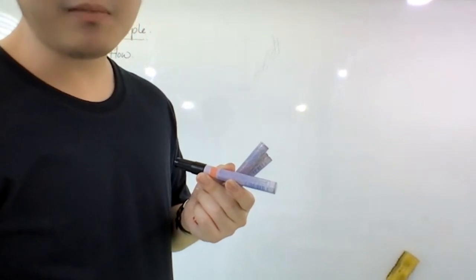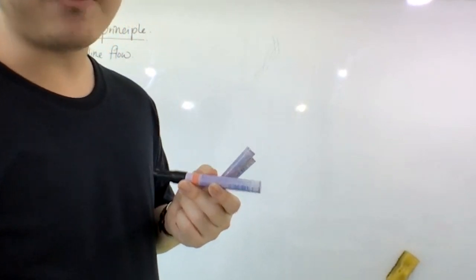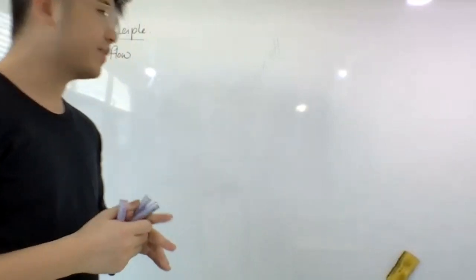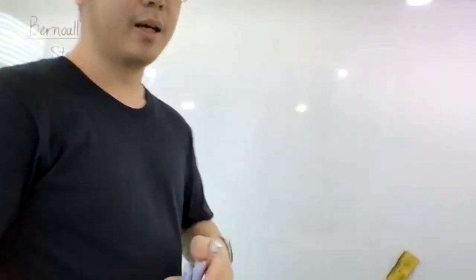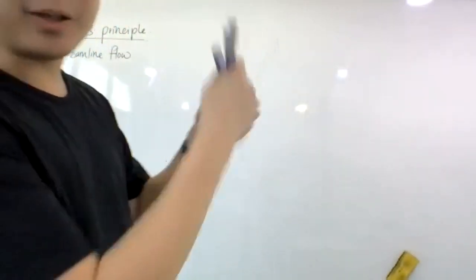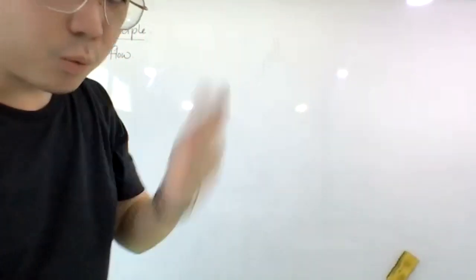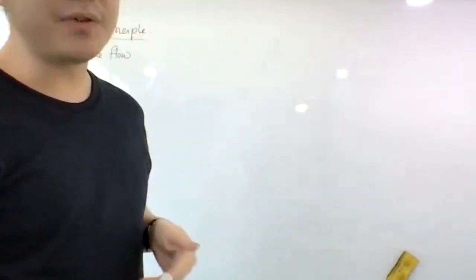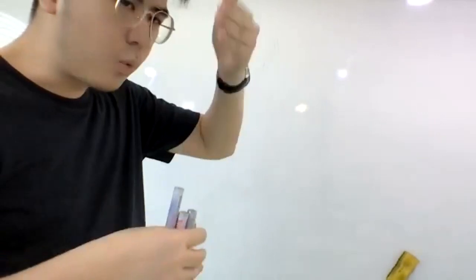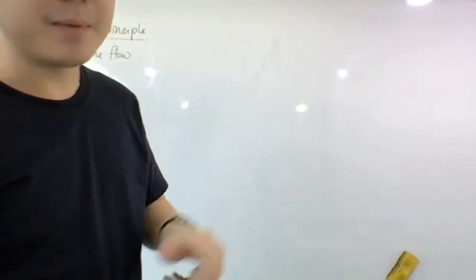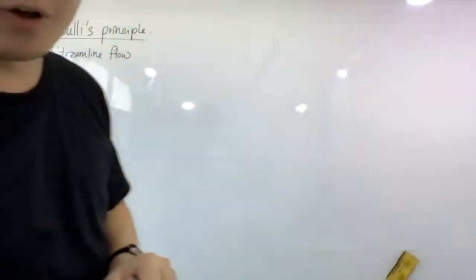Now, in a streamlined flow, you may have seen some videos where the tap water is flowing, and you can see it is very smooth, as if the water wasn't flowing at all. It's so smooth that you couldn't see that the water is flowing, as if the water is staying still. That is an example of streamlined flow.